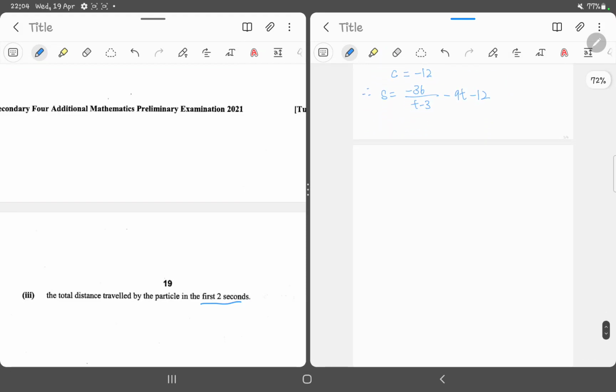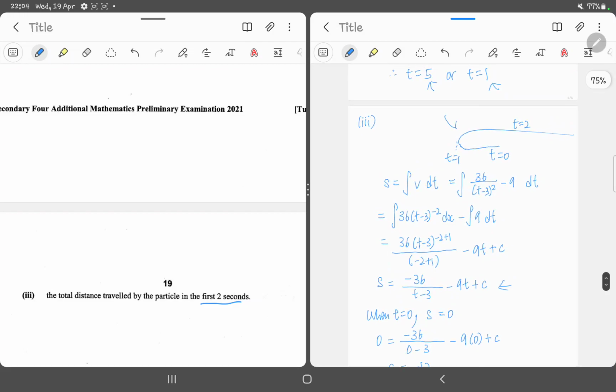Okay, so based on this displacement equation, we know that this is how the particle moves.